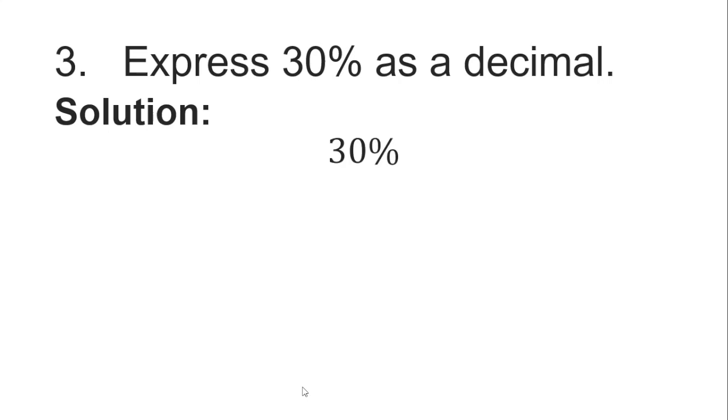We know 30%, and when we make that a fraction, it will give us 30 over 100, because a percentage always has 100 as the denominator. If we turn that into a decimal, it will become 0.3.